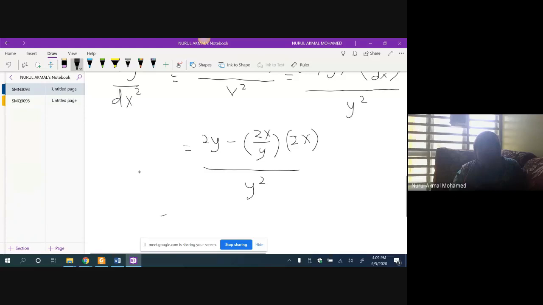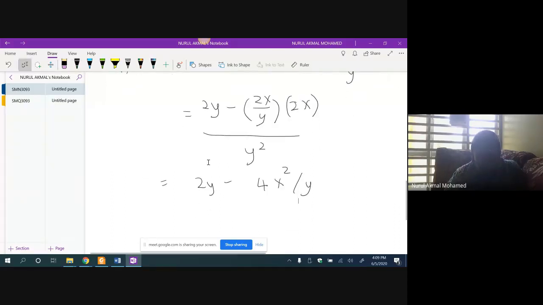So, this one is equal to 2y minus 4x squared, and then you divide with y. And then here you have y squared, and this one you divide with y squared as well.